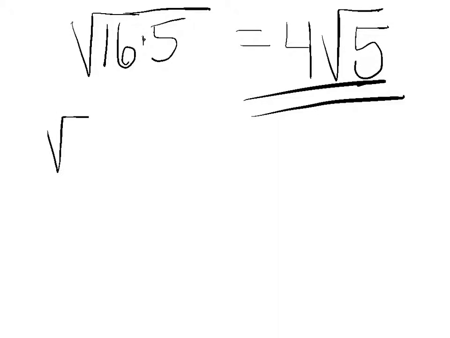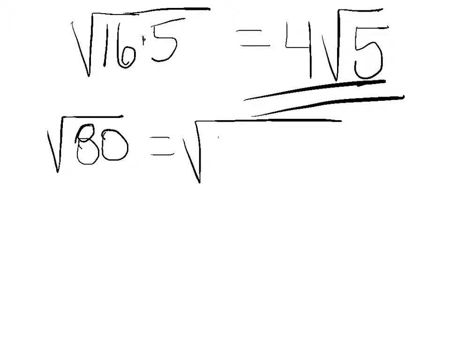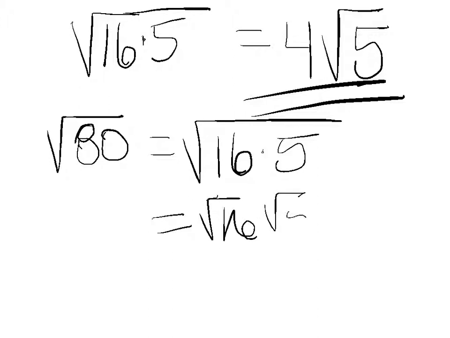Let me show you that whole thing of the square root of 80 and simplifying it using 16 and 5 as your factor pair. Much more efficient than using the square root of 4 times 20.